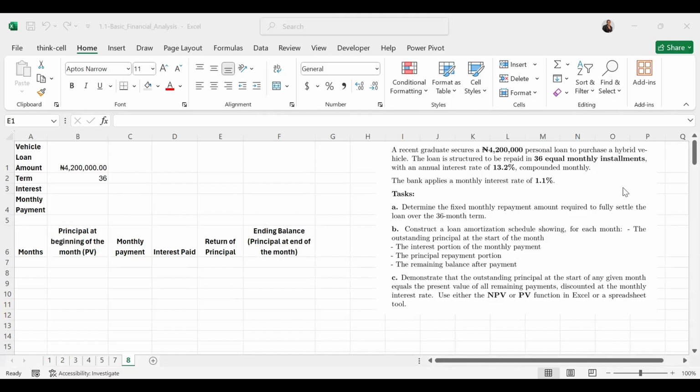A. Determine the fixed monthly repayment amount required to fully settle the loan over the 36-month term.